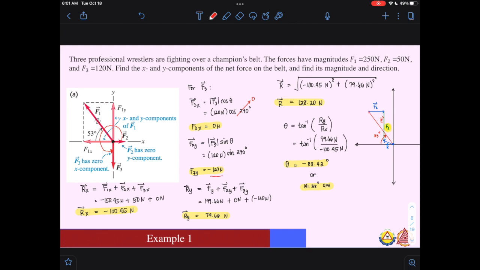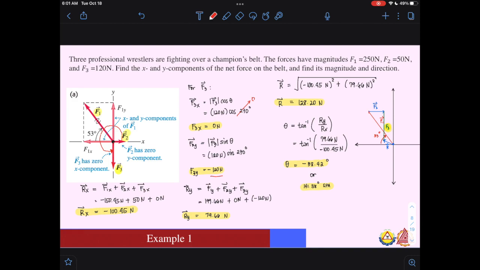Now to find our x, of course, kabalo na ta, we just have to take the sum or add all the x components of the three vectors, which are F1, F2, and F3 respectively. And of course, for Ry, just take the y components of all the vectors. So adding that one, you have Rx = -100.45 and Ry = 79.66 newtons.